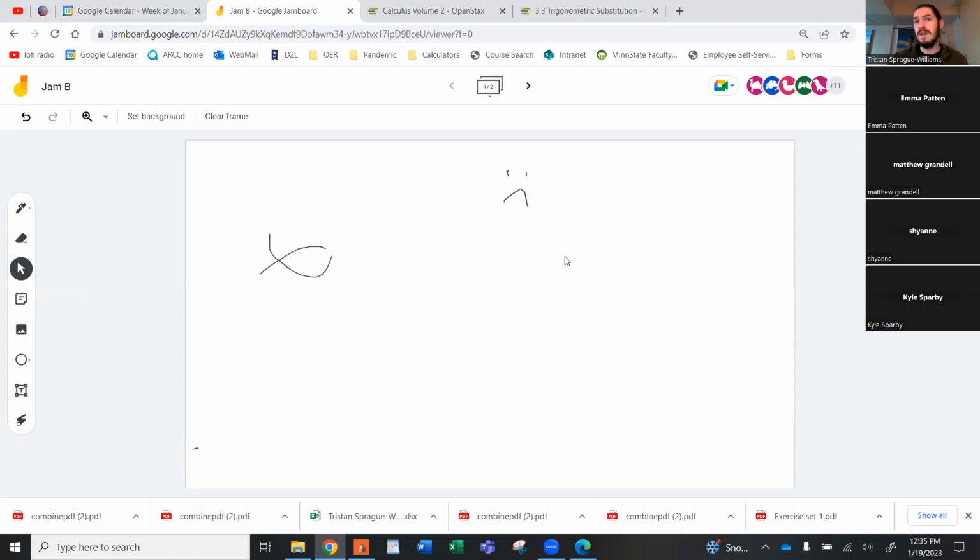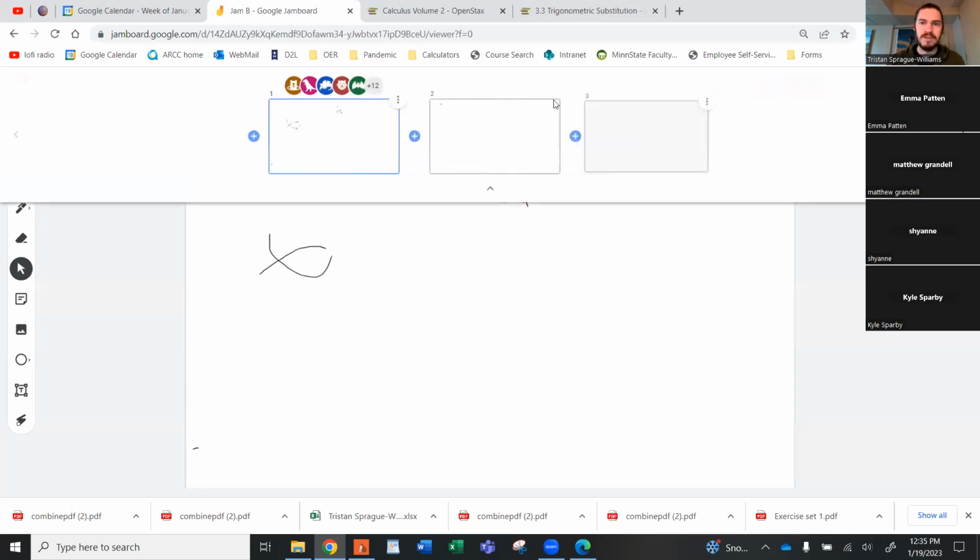What I recommend is having a paper, so you're working on paper, and you can go back and forth between your paper and the Jamboard. The idea is that you will be collaborating to solve some problems. I'm going to give you all one problem, and you can distribute yourselves across several pages.